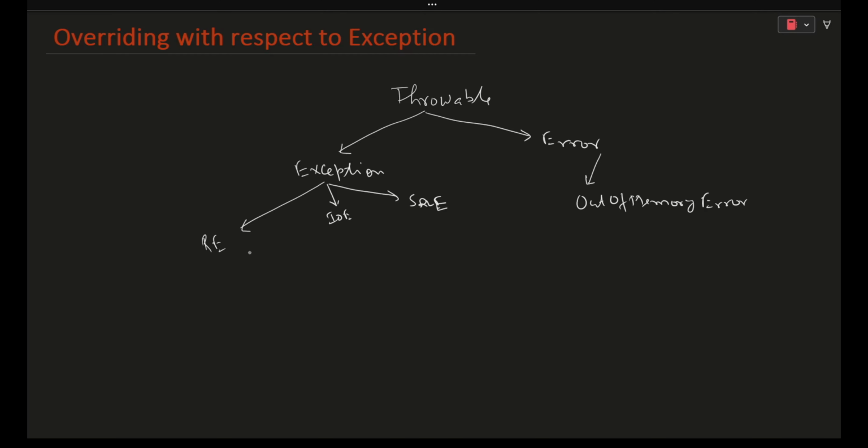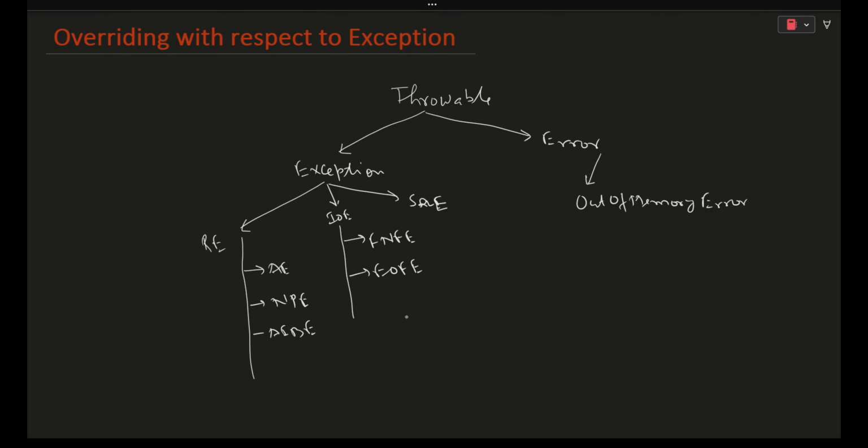Again, this RuntimeException has further many children: ArithmeticException, NullPointerException, ArrayIndexOutOfBoundsException, and likewise IOException also has many: FileNotFoundException, EOFException, a lot of things, right?